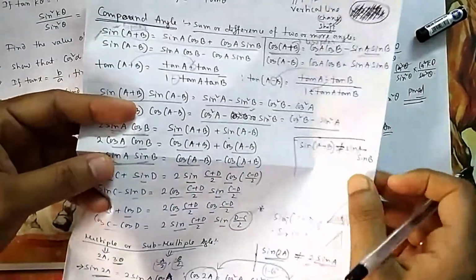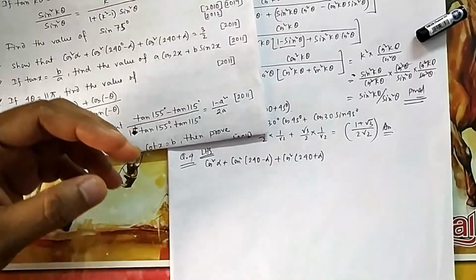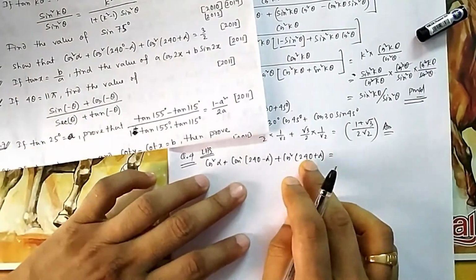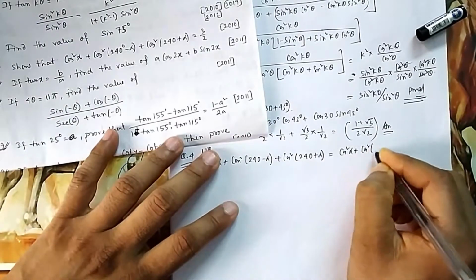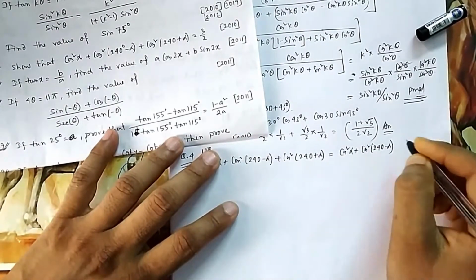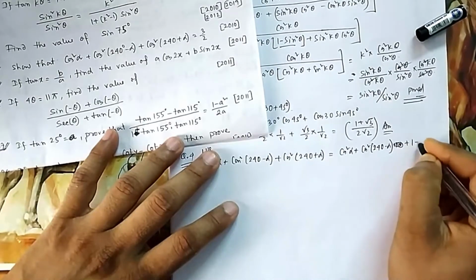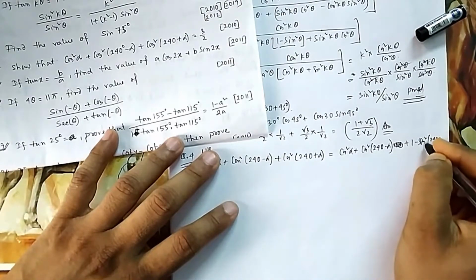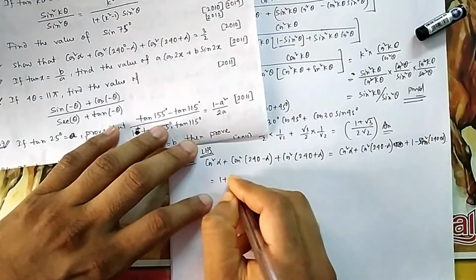So let us go that way, because that way my alpha will get cancelled if I add these two. So if I do it, I need to make one of them a sin square. So it will be cos square alpha plus cos square 240 minus alpha plus 1 minus cos square 240 plus alpha. Sorry, it will be sin square 240 plus alpha. So what I am left with is 1 plus cos square alpha.